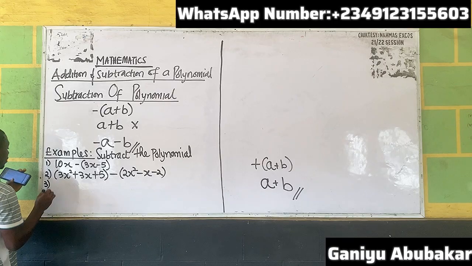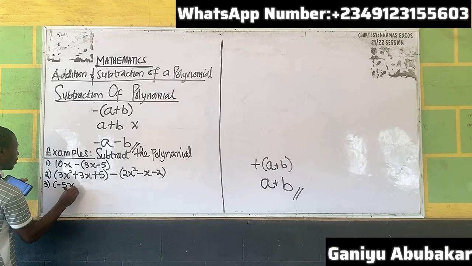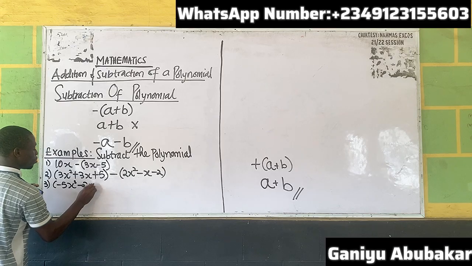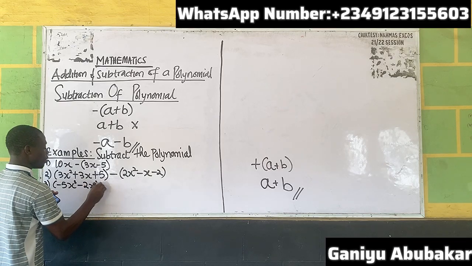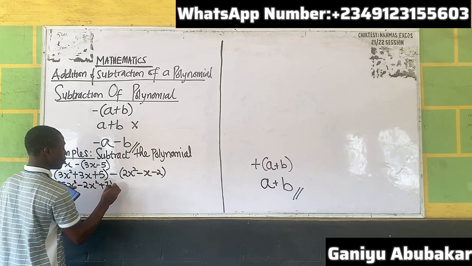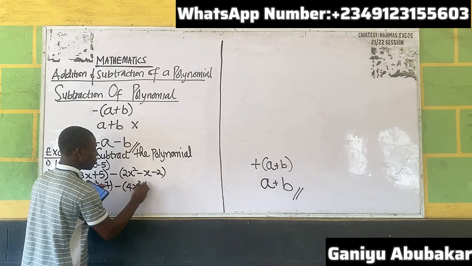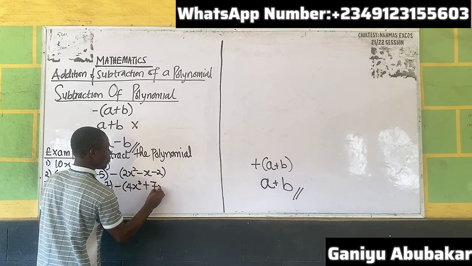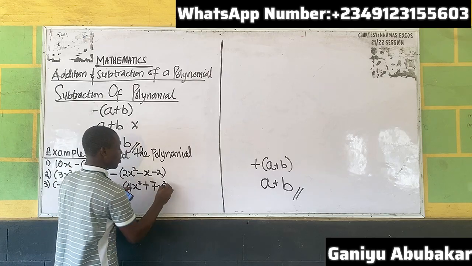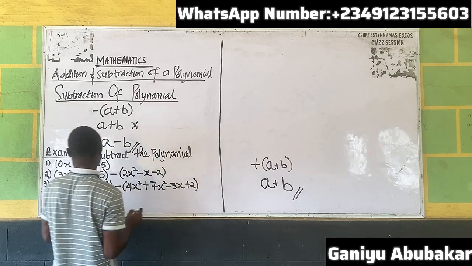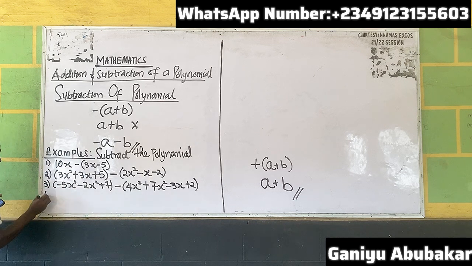Number 3, I have minus 5x cubed minus 2x squared plus 7 minus (4x cubed plus 7x squared minus 3x plus 2).